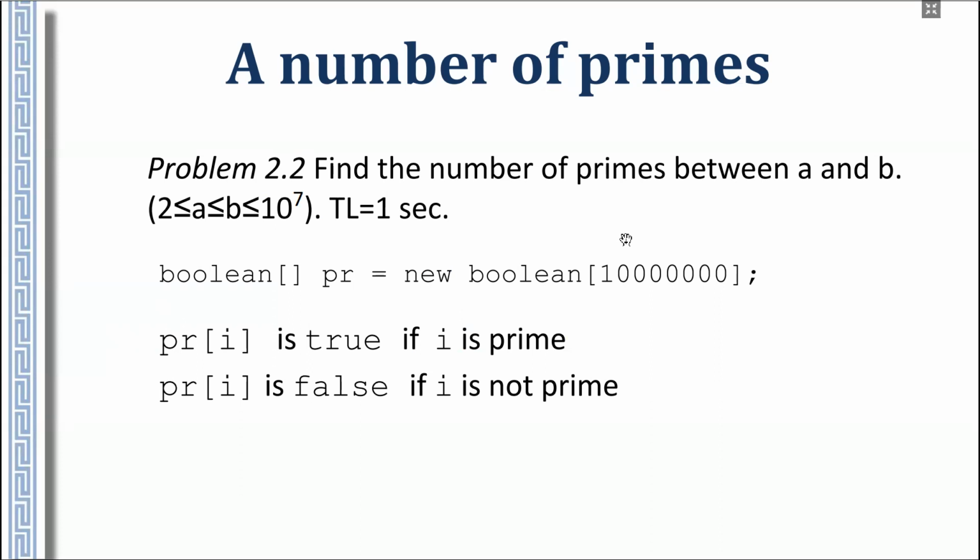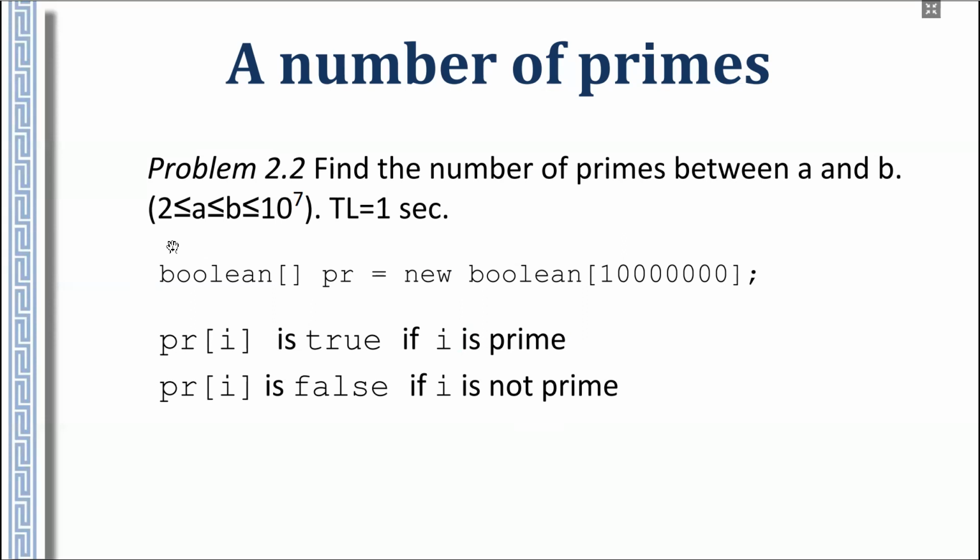For example, if we look at the number I, the i-th element of our array is true if I is prime and false if I is not prime. We can say that these are indicators for each number, whether it is prime or not, or it somehow represents a set of prime numbers in our segment from A to B.